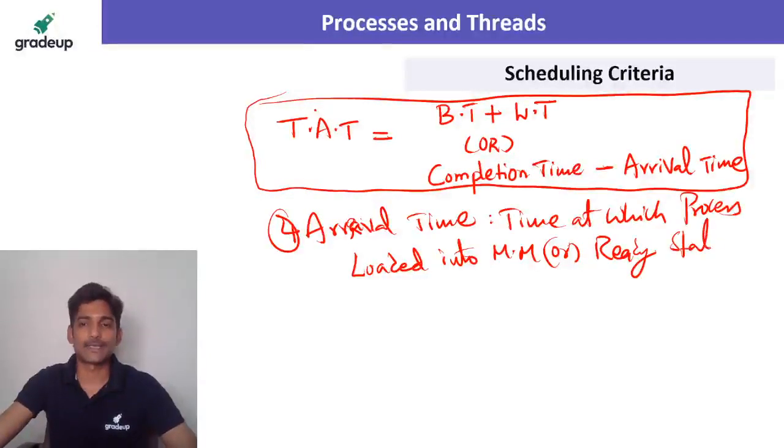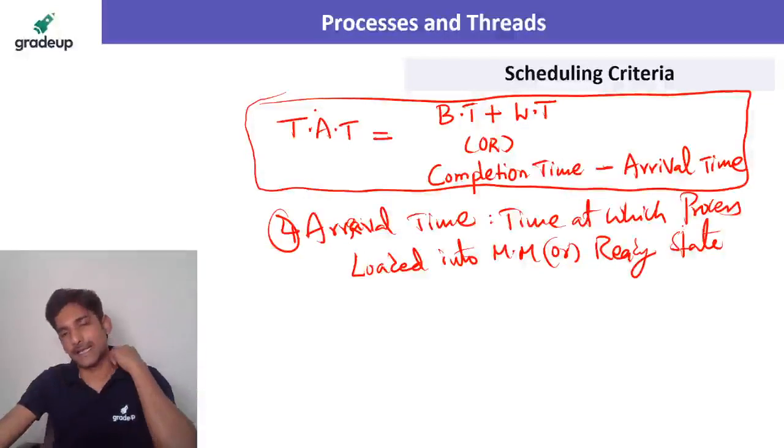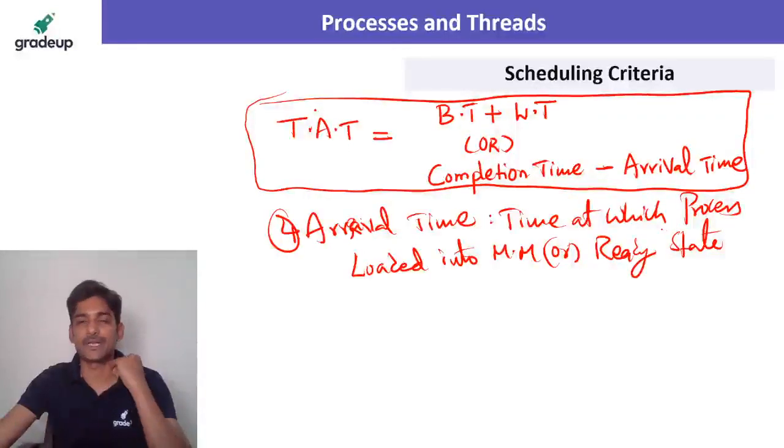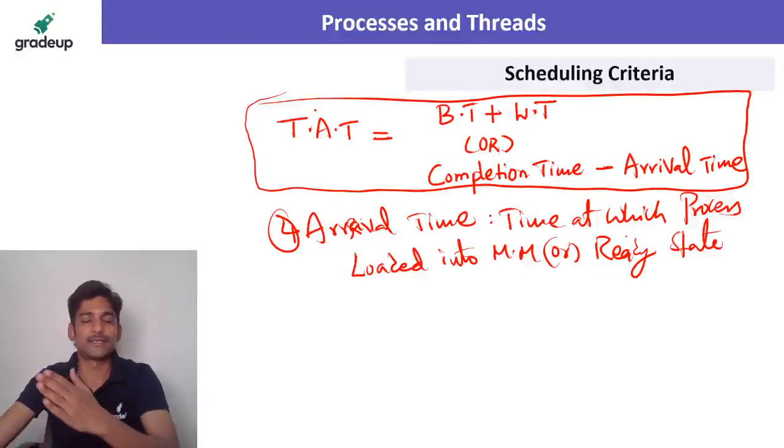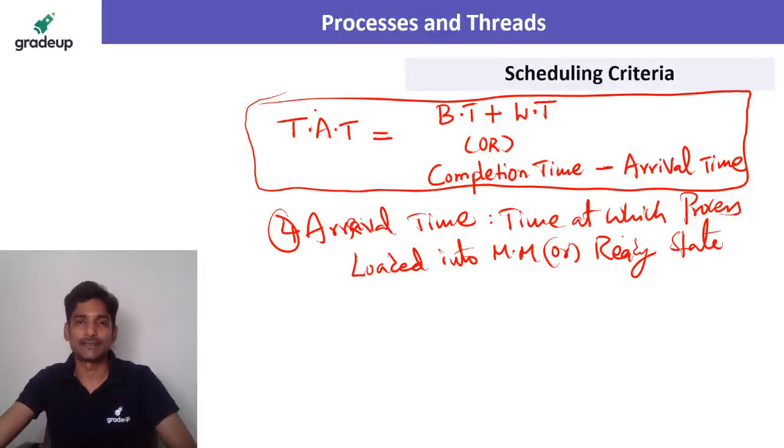So what does this arrival time mean? When the process arrived into main memory, that is called arrival time. From then till it gets completed, that is the time it took, right?